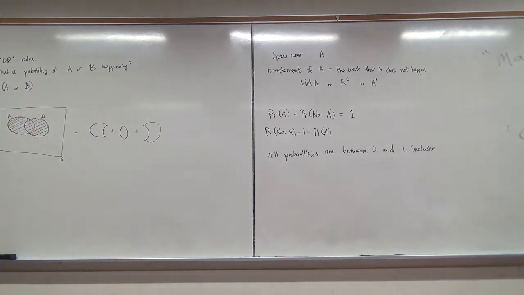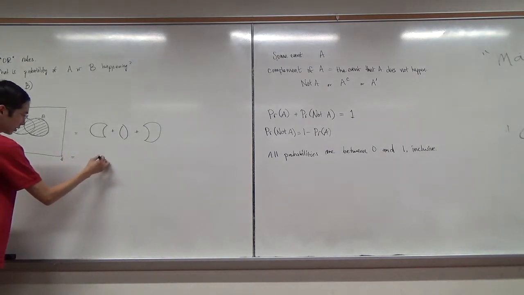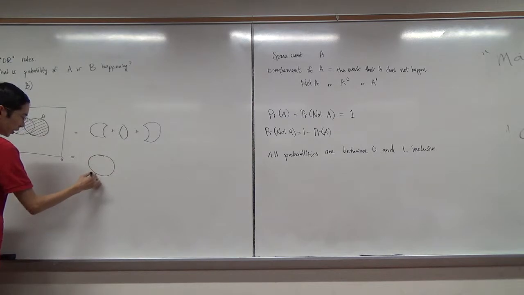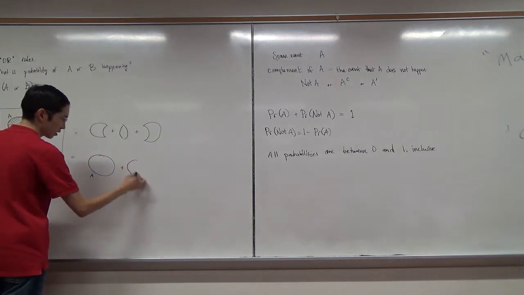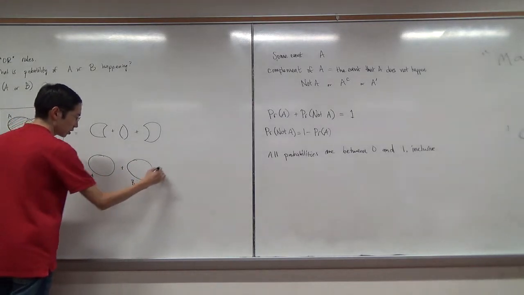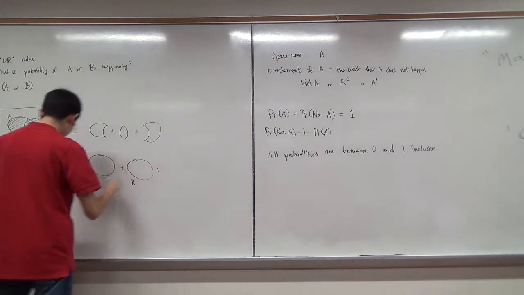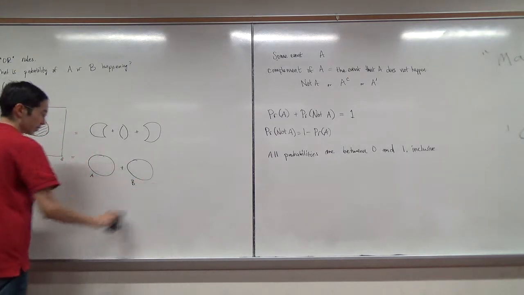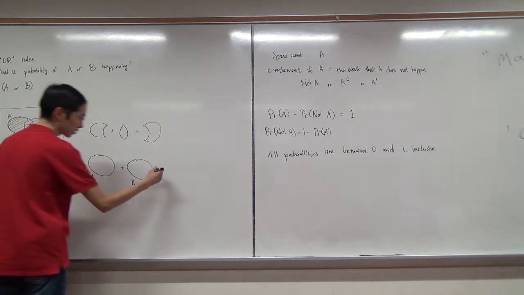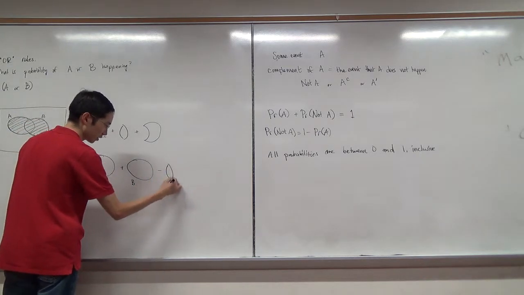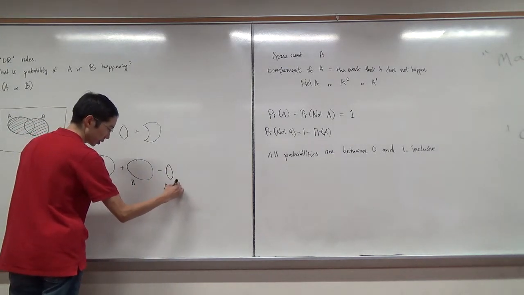Okay, so that's one way. Or we could say it's equal to, this would be A plus B minus, because I've double counted this, I have to subtract off the overlap. So this is A and B.